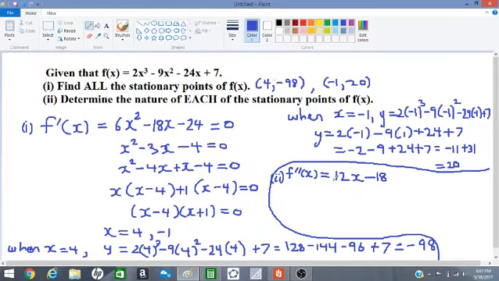And when we substitute x equal 4, we get f double prime of 4 will be 12 times 4 minus 18, which is 12 4s are 48 minus 18, which is 30.